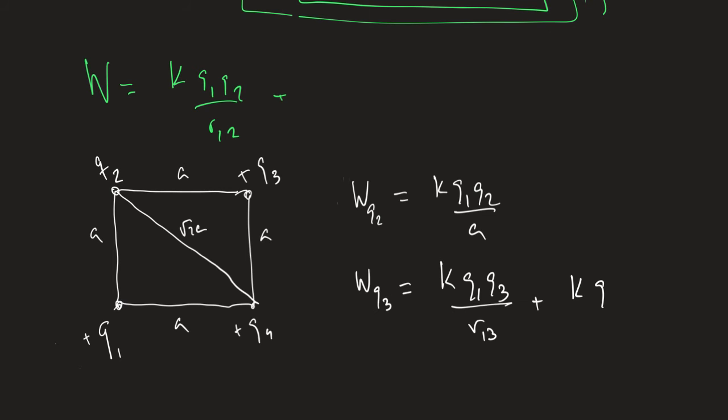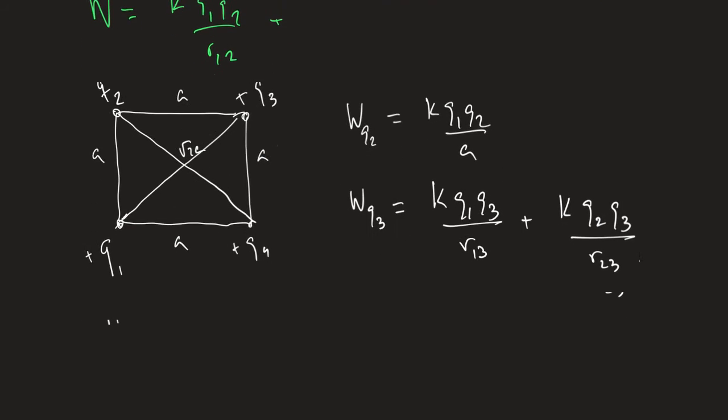But R23 is A, and R13 is the square root of 2A, sorry.